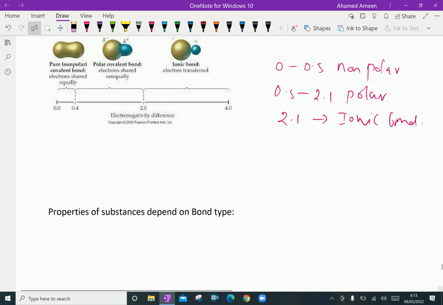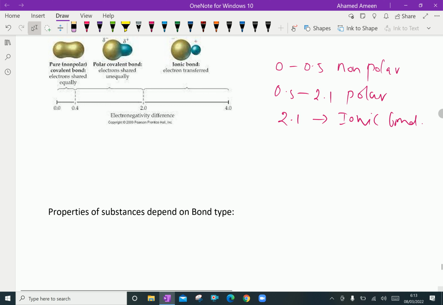The electronegativity difference between, for example, calcium and oxygen is 2.4, so they form an ionic bond. However, a larger electronegativity difference between sodium and fluorine means that the bond between them has a higher percentage of ionic character.